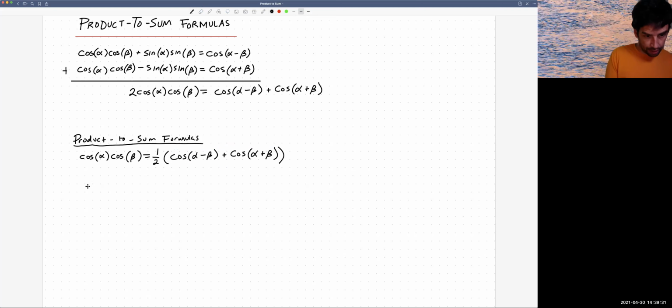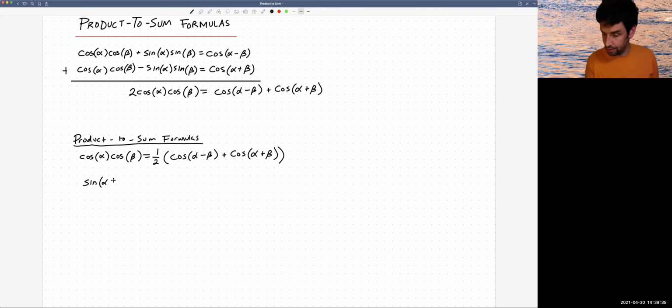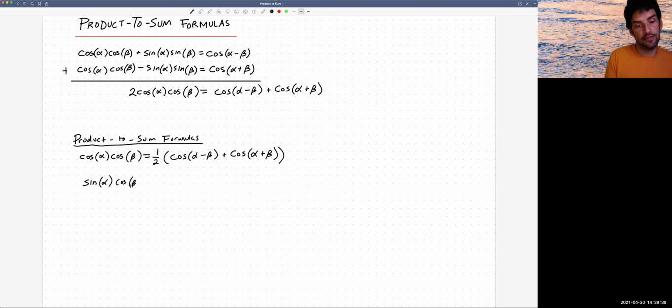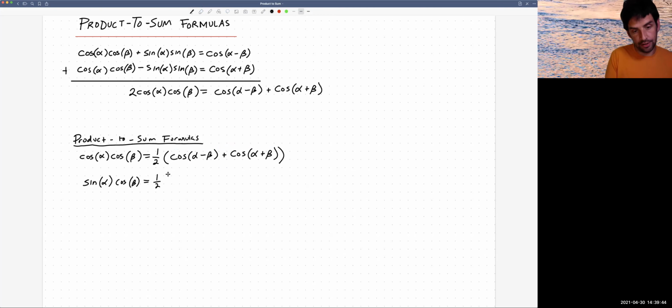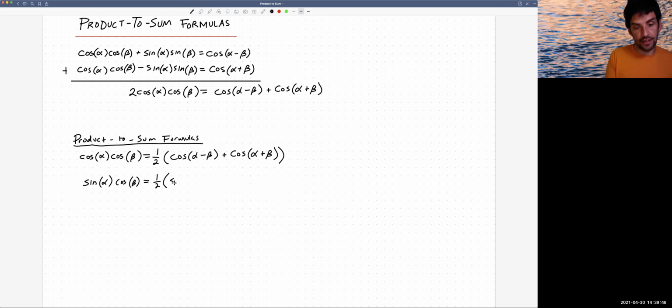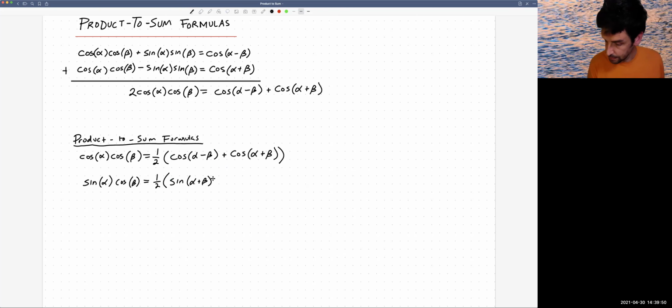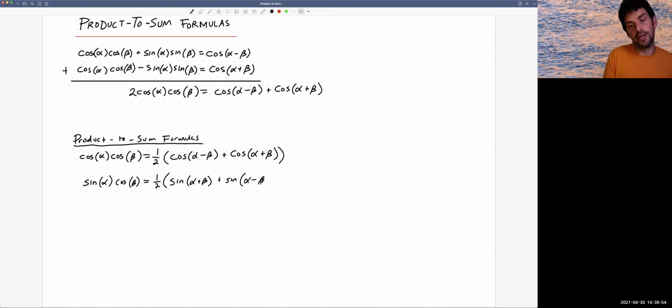So the rest of our product to sum formulas are sine alpha times cosine of beta. This will give us 1/2 times sine of alpha plus beta plus sine of alpha minus beta.